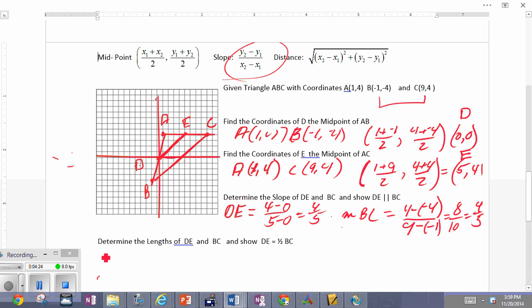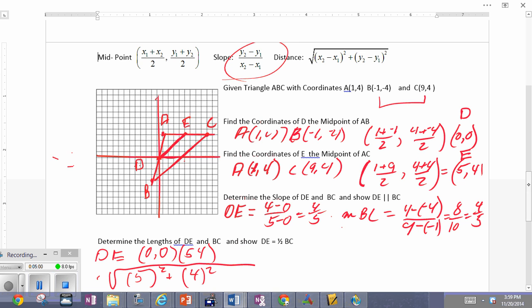We want to compute the length of DE. I'm just going to write down my coordinates again, which are 0, 0 and 5, 4. I'm going to use my distance formula here, x2 minus x1, so that's simply 5 minus 0, which is 5 squared, plus 4 minus 0, which is 4 squared.